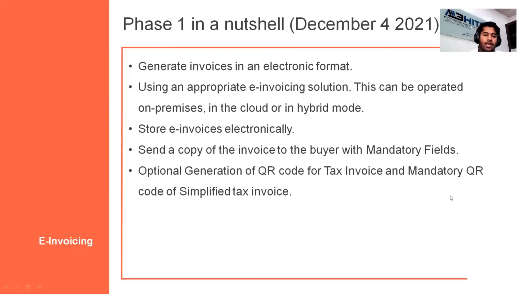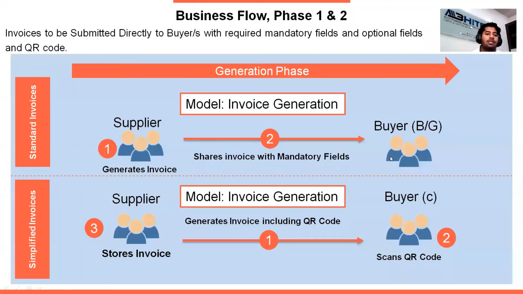This was a simple phase one. Now let us look at what happens in the business flow, step by step, to truly understand it. There is the generation phase, which is phase one, and the standard invoices, which is the tax invoice. The supplier generates the invoice and shares it with the mandatory fields to the buyer, in an electronic format.